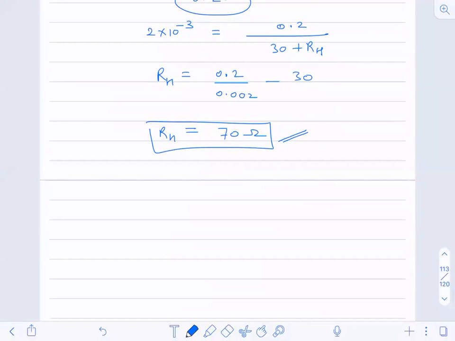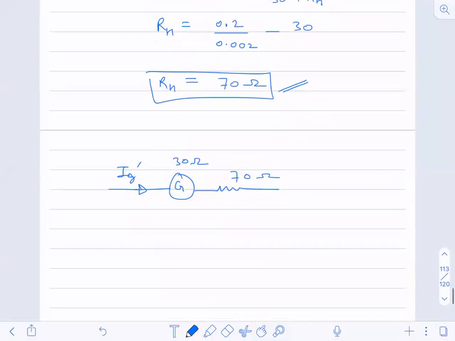So now this is Rg, this is 70. Rg is given as 30 ohms. This is the current value, Ig dash, the current flowing through the galvanometer.